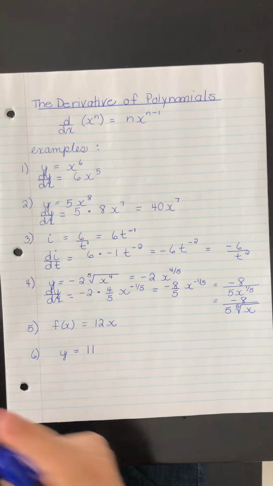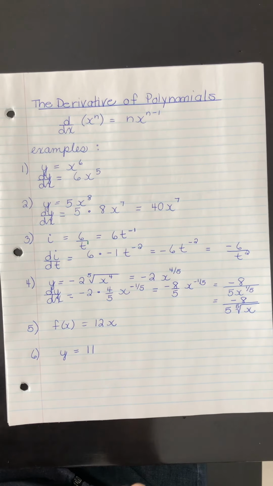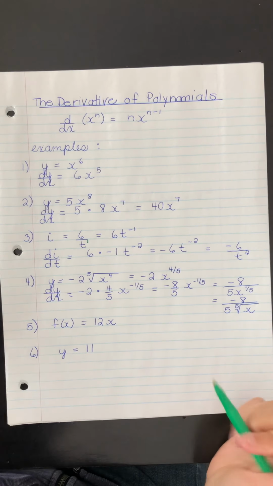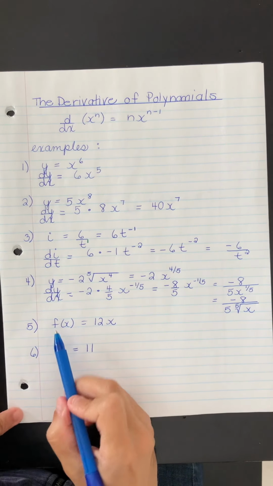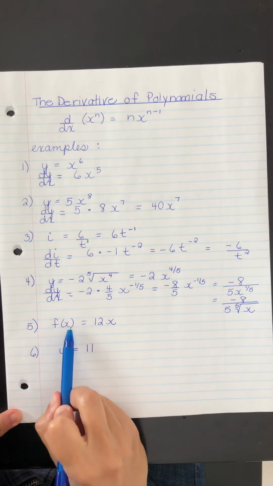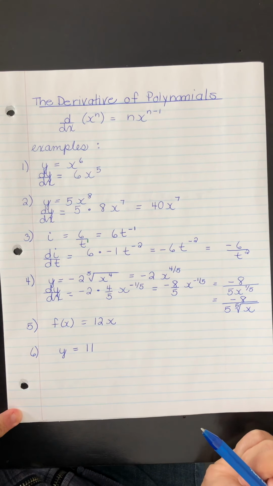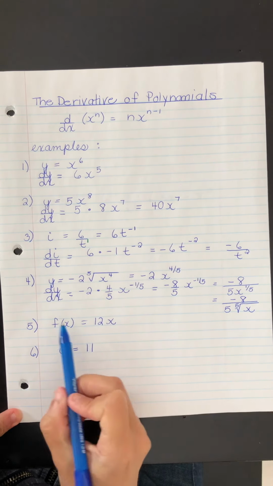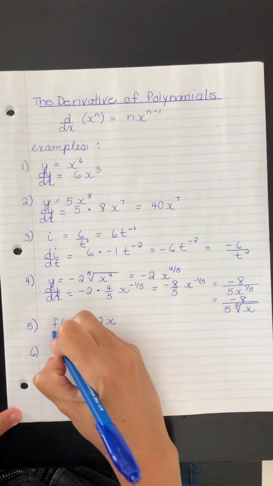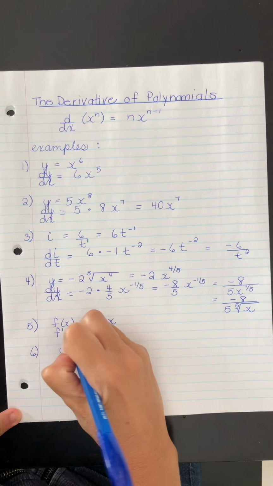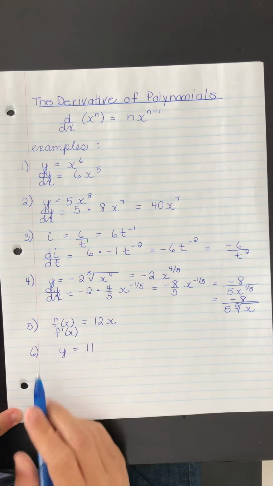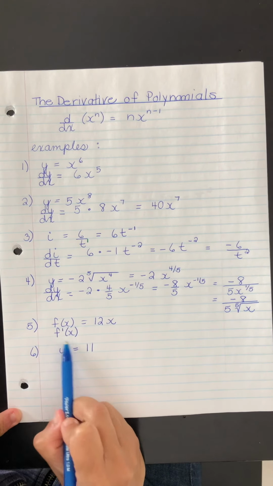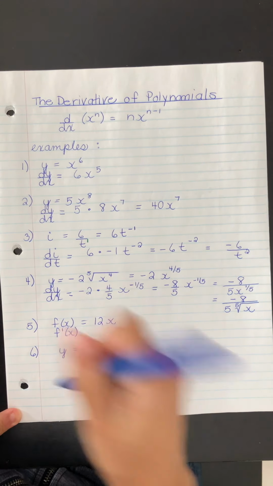Okay, let's take a look at question 5. This is functional notation. We say f at x. So when we form the derivative, if we have functional notation, the derivative is called f prime at x, and it looks like this with a little mark here.